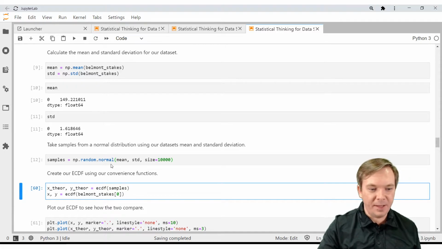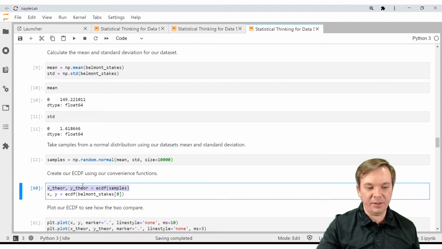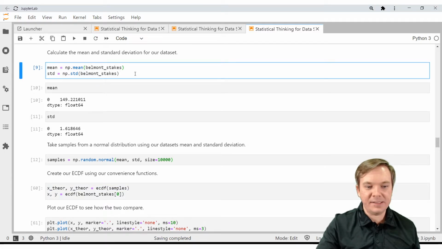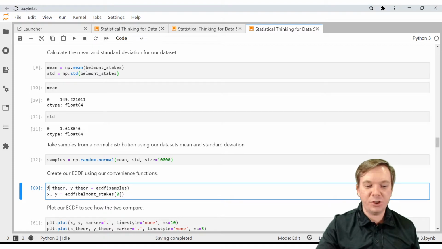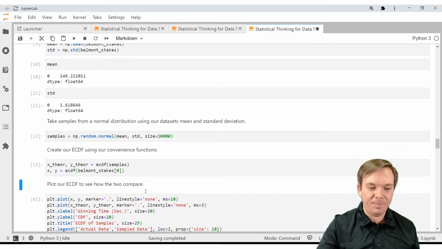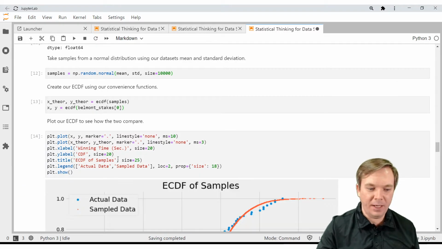This is our theoretical one, which is based on our mean and standard deviation. We're going to say, based on our mean and standard deviation, what should a normal distribution look like? Then we're going to take our actual data and create an ECDF for that. Then we'll just plot them, okay?